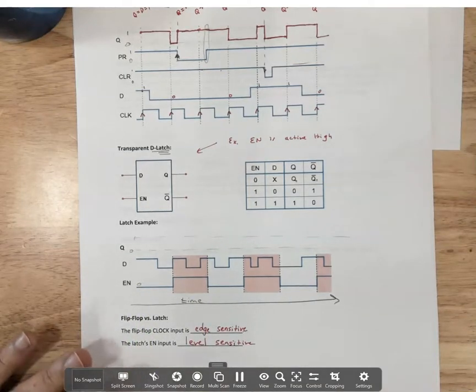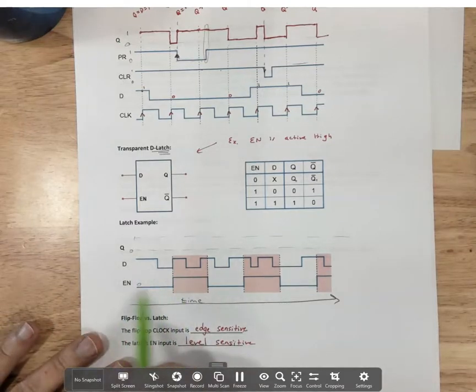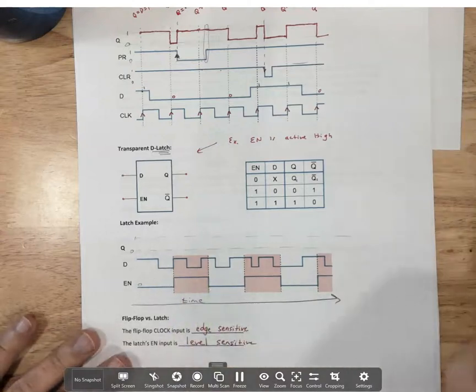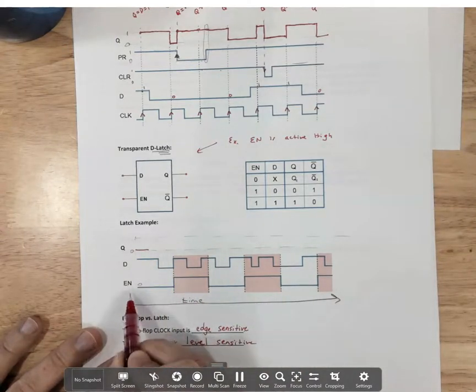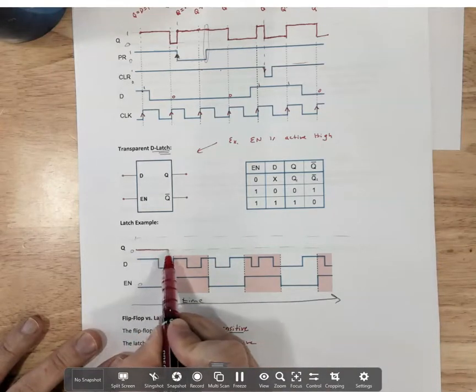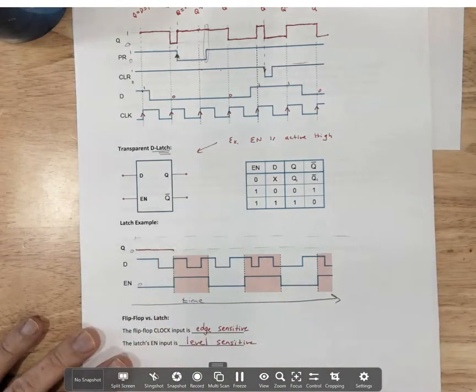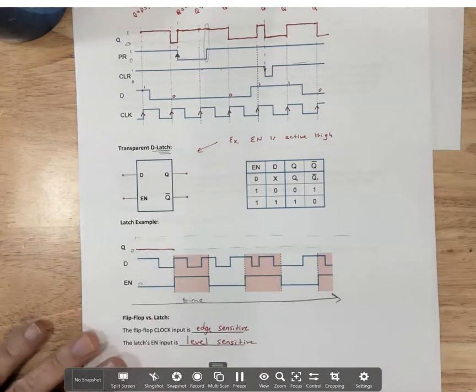I don't know where Q would have started, but it wouldn't necessarily be matching D, so let's just assume that it started low. As long as this enable is off, Q is going to stay the same. D changed, but Q is not going to change.